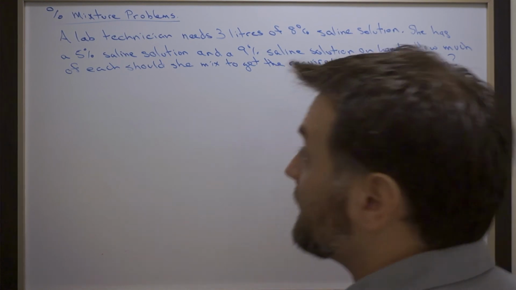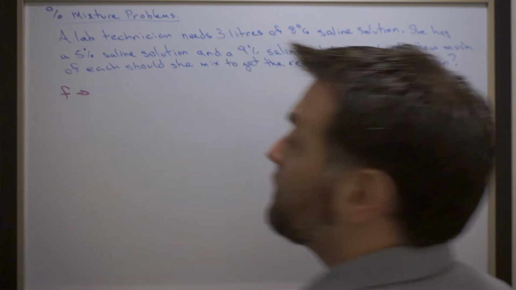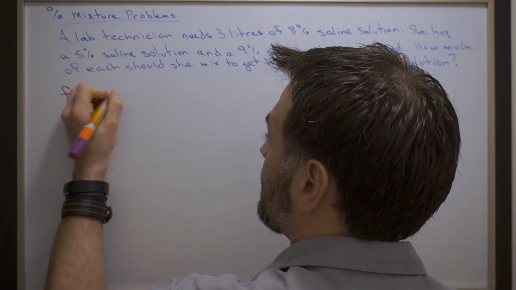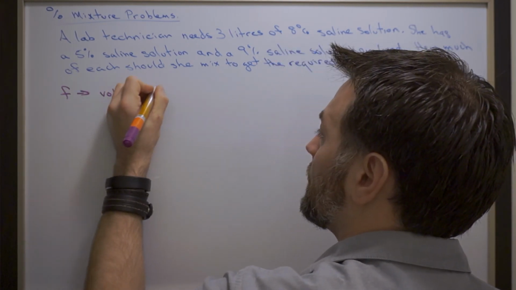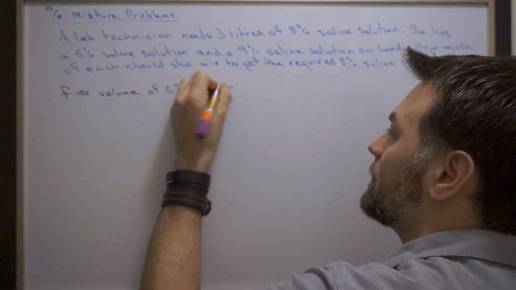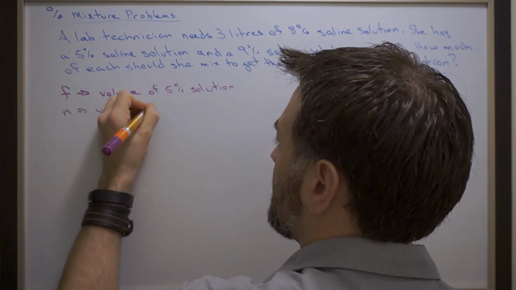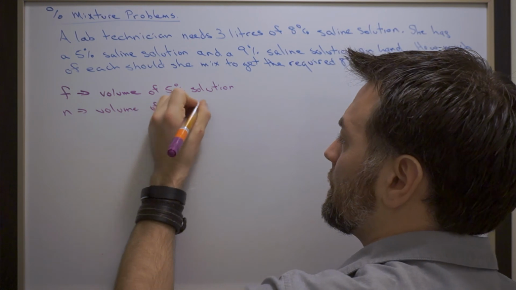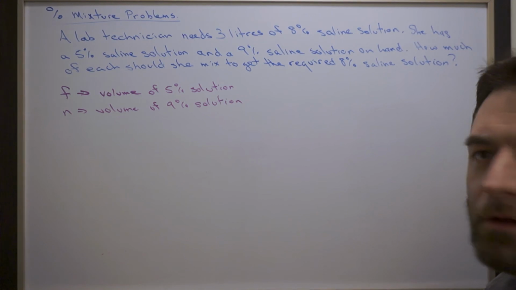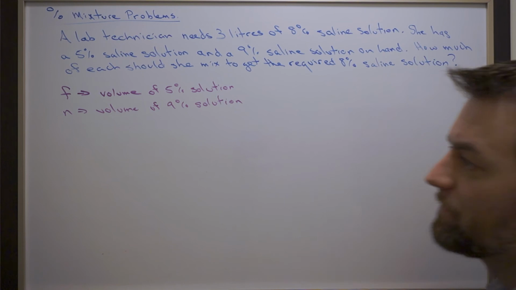So if we let F be the amount of 5% solution, and N be the volume of the 9% solution, we can now make a table that will relate these variables to the amounts of material.